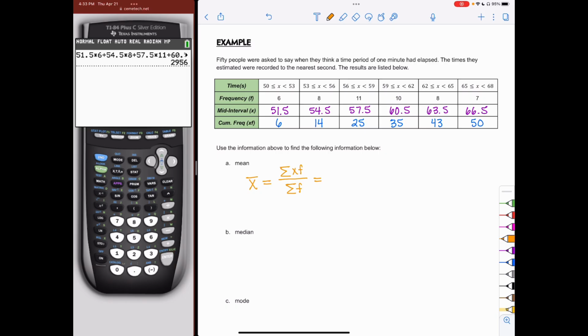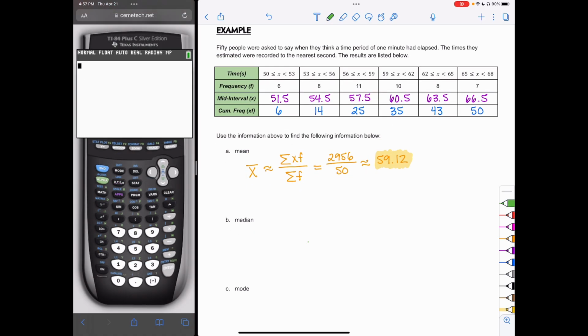Once we do that, that'll be our sum, which is 2,956, and we're going to divide it by the sum of our frequencies, which is 50. So when I take 2,956 and divide it by 50, I end up getting that my mean is 59.12. And I don't have to round to 3 sig figs here because the answer is pretty, so to speak. It cuts itself off, it truncates itself.